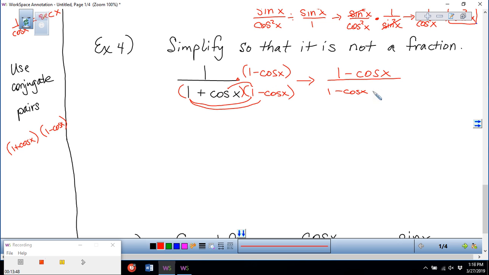Cosine of x times 1 gives me cosine of x. Cosine of x times a minus cosine of x gives me a minus cosine squared of x. Once again, my middle terms cancel. So I'm left with 1 minus cosine of x in the numerator. In the denominator I have 1 minus cosine squared of x.